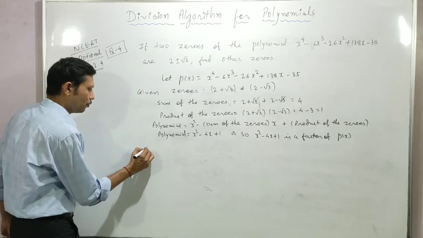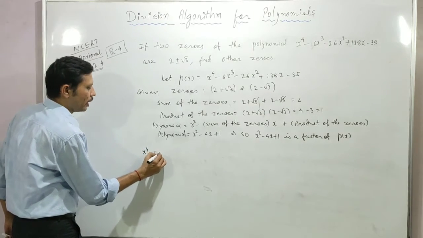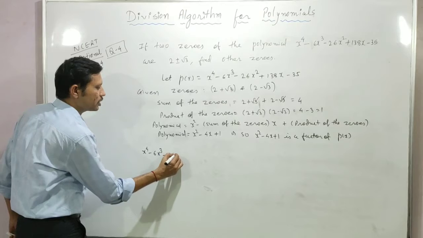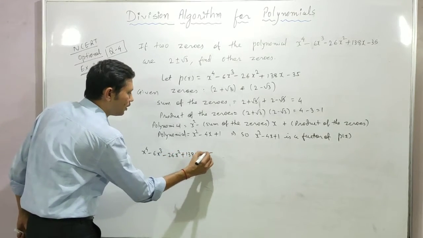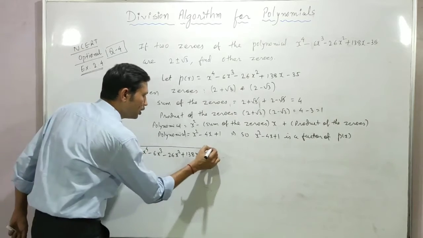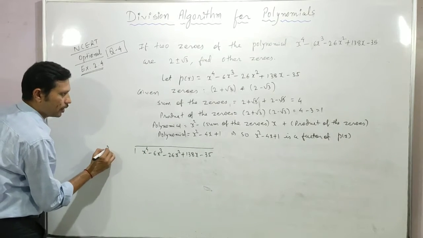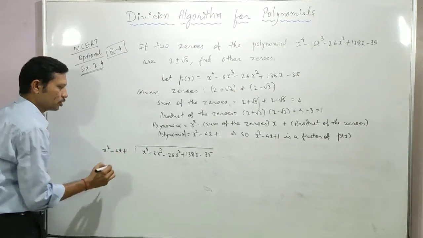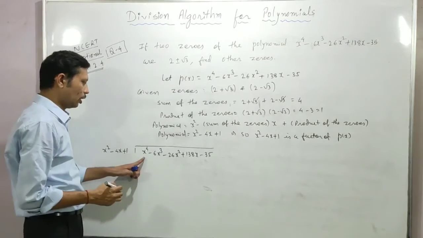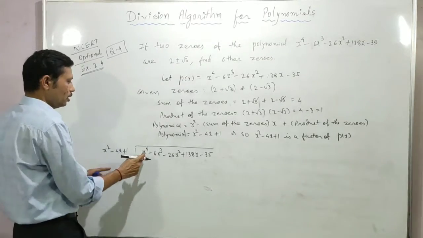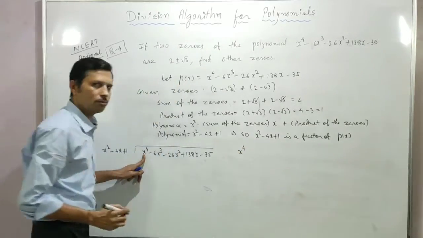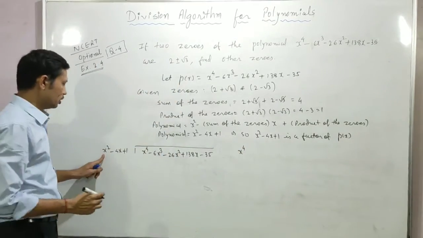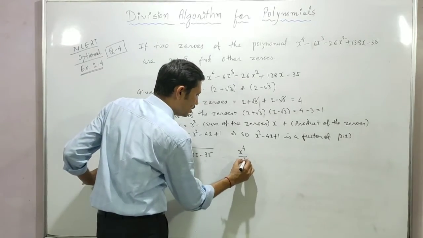So x to the power 4 minus 6x cube minus 26x square plus 138x minus 35. When I divide this polynomial by x square minus 4x plus 1, I will get the quotient. Now do the division. The first term of the quotient we get by dividing the first term of the dividend by the first term of the divisor.